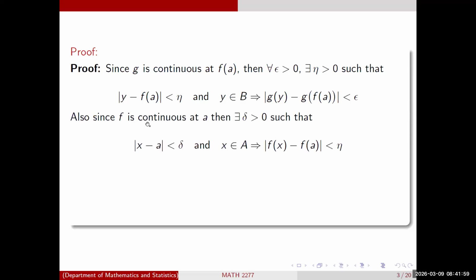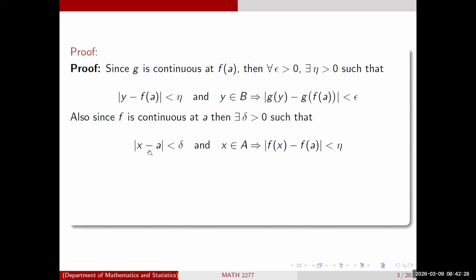Now we're going to apply the definition of continuity for f. We're using the same epsilon as before, but the delta, the second radius, has to change. So since f is continuous at a, for this same epsilon, there exists a delta such that, okay, this definition should look familiar to you. This is the definition of continuity.